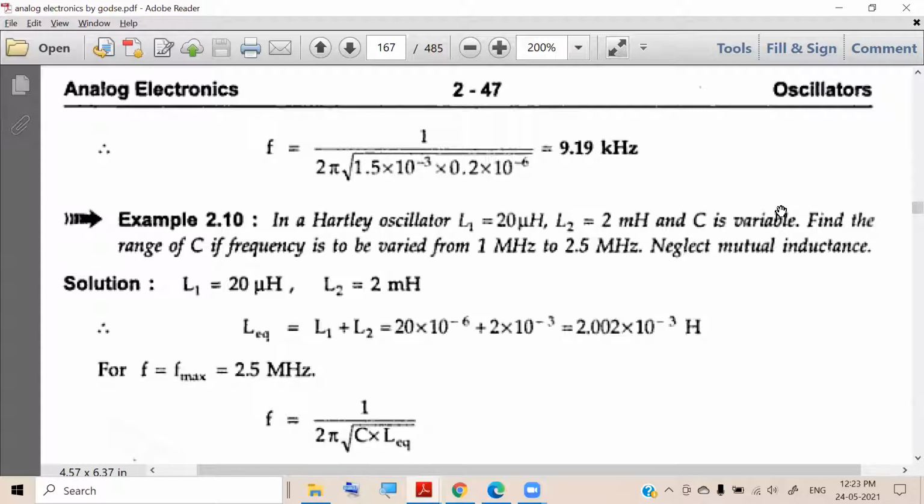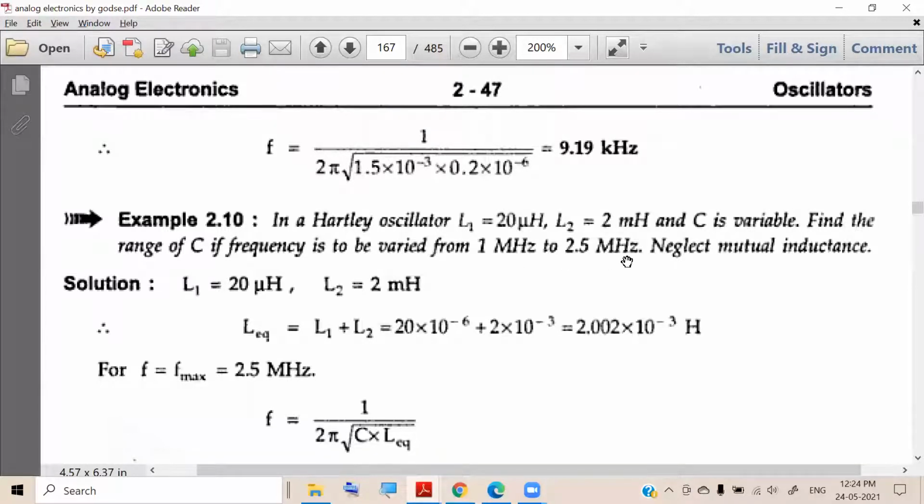Find the range of C if frequency is to be varied from 1 megahertz to 2.5 megahertz. So they gave L1, L2, and the range of frequency. They are asking the range of the value of C that will generate this range of frequency from 1 megahertz to 2.5 megahertz.